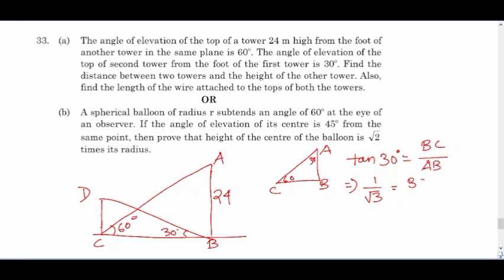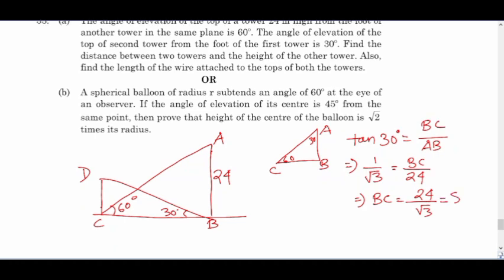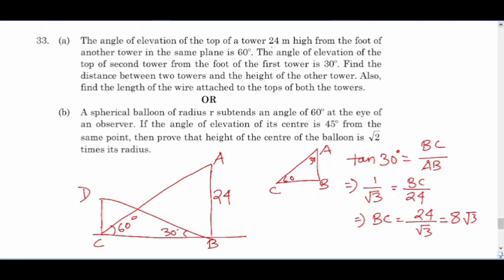So BC by AB, where AB is 24, so BC equal to 24/√3. Or we can write 8√3 meter. Now this is 8√3 meter. This is the first answer.